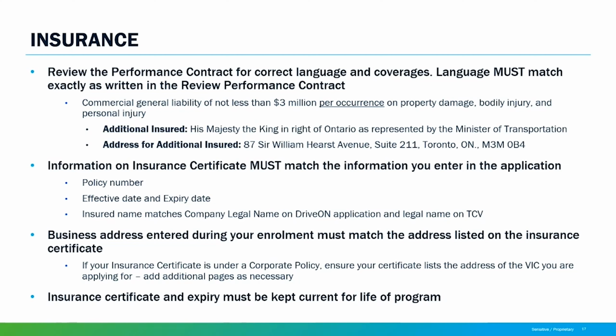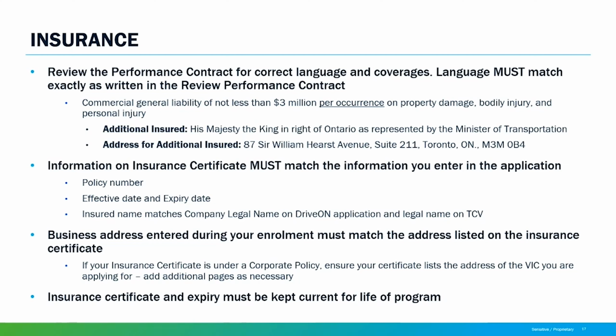Also, His Majesty the King in Right of Ontario, as represented by the Minister of Transportation, must be listed as additional insured with the correct address. The insurance certificate must include the expiry date. It is critical that your insured name on the insurance certificate matches your legal name as shown on the business documentation.